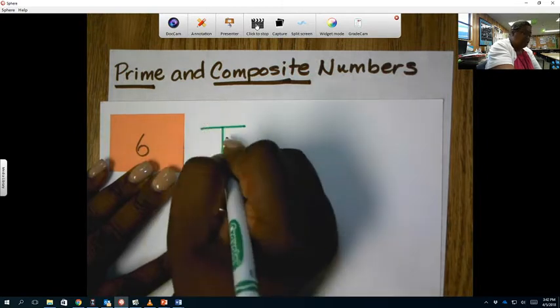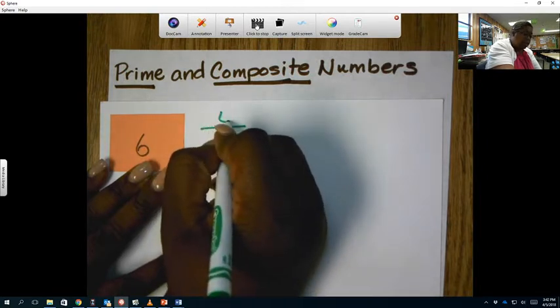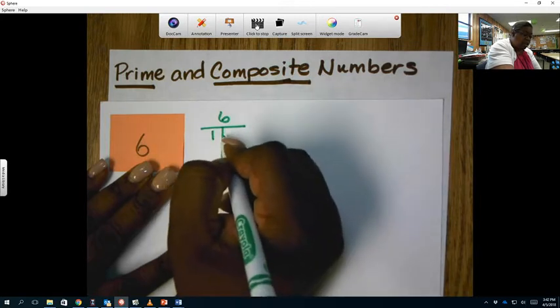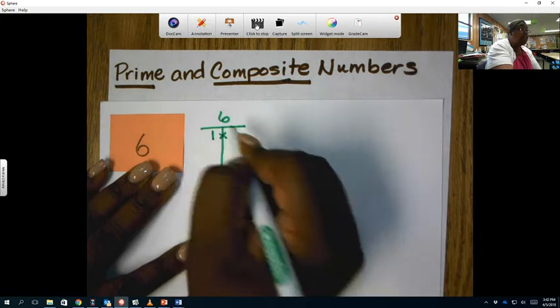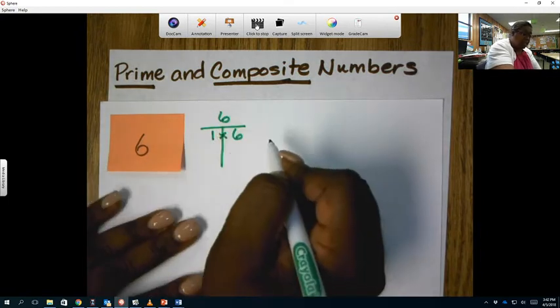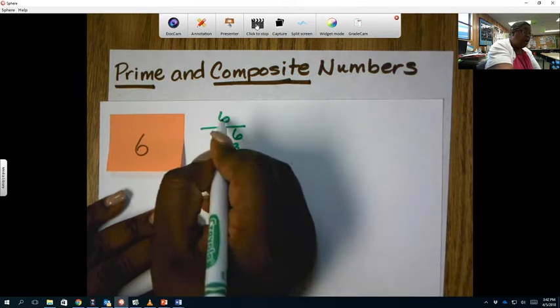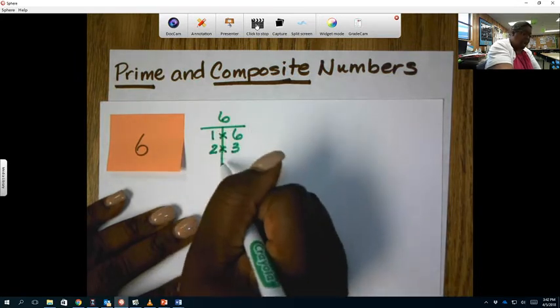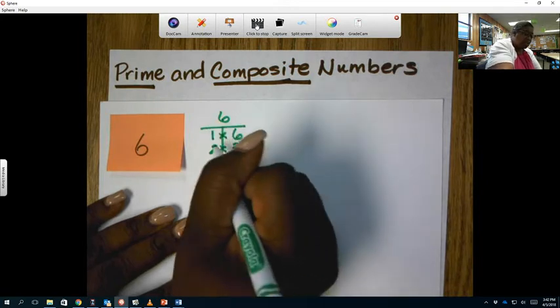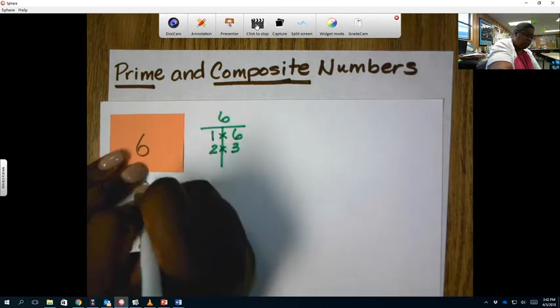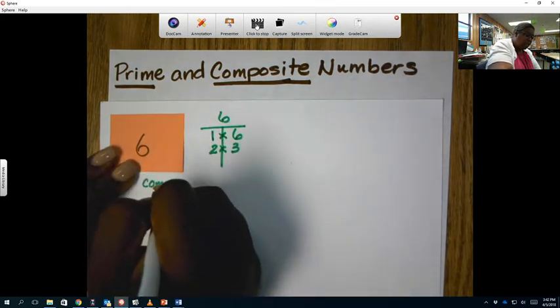So I'm going to write a capital T. I'm going to write a 6 above it. I'm going to start with 1. 1 times 6 are factors of 6. 2 times 3 are factors of 6. I don't have any other factors of 6, so I have 1, 2, 3, 4 factors, which makes 6 a composite number.